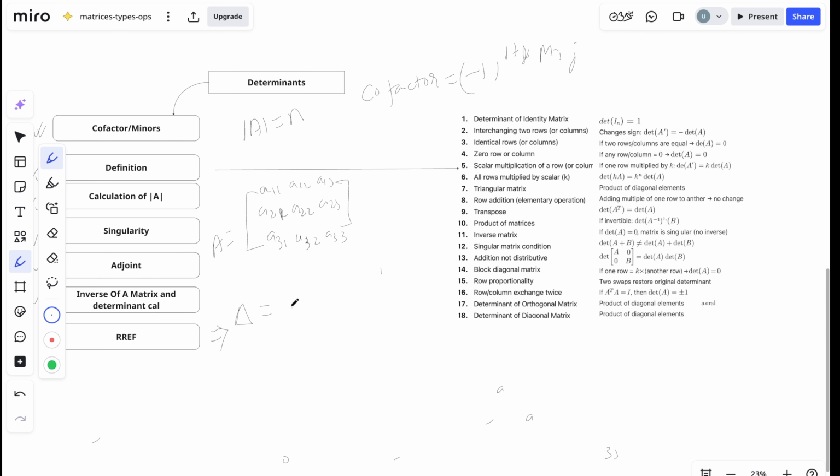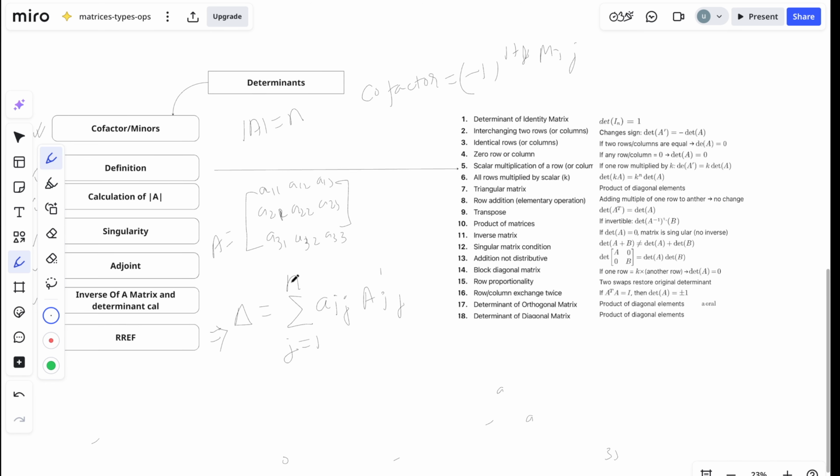Delta is equal to the sum over j equal to 1 to n of Aij times its cofactor. Now don't be afraid of this complete definition.